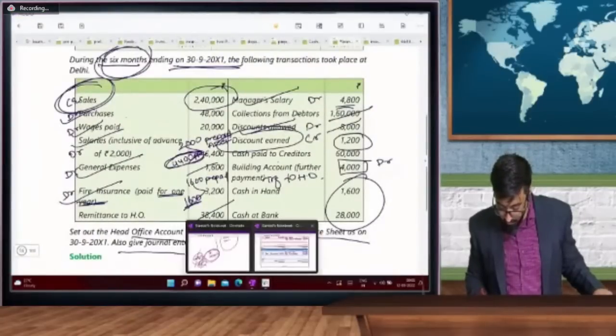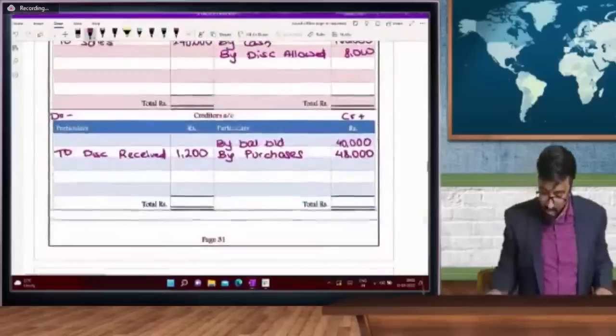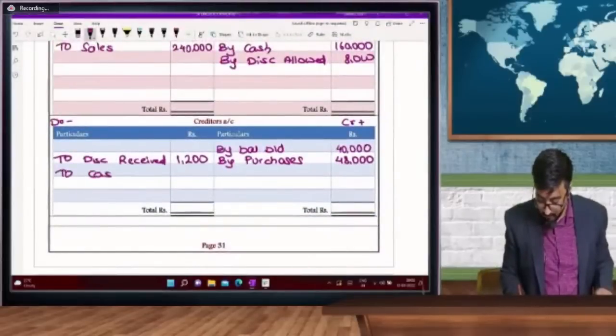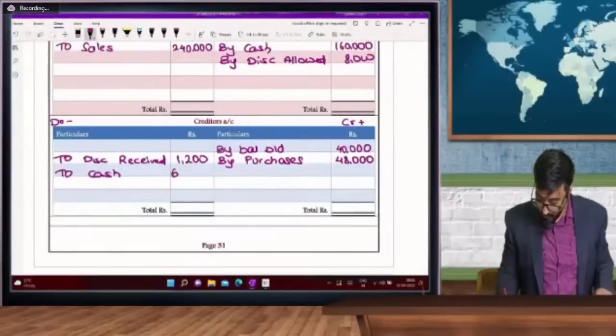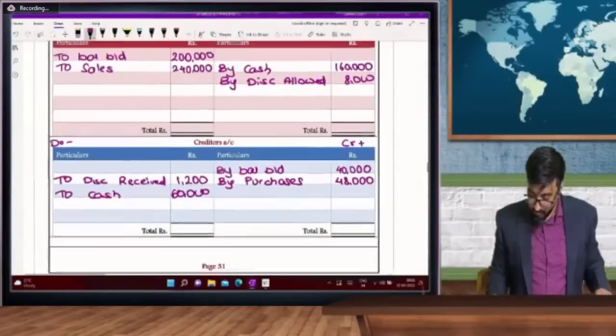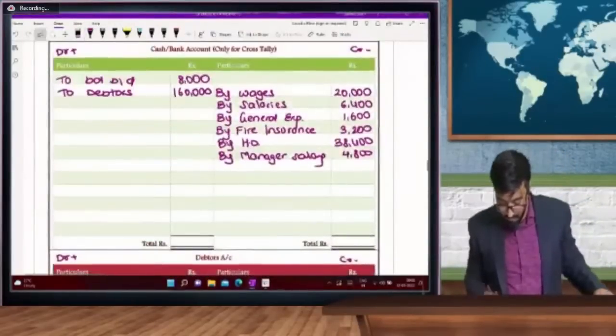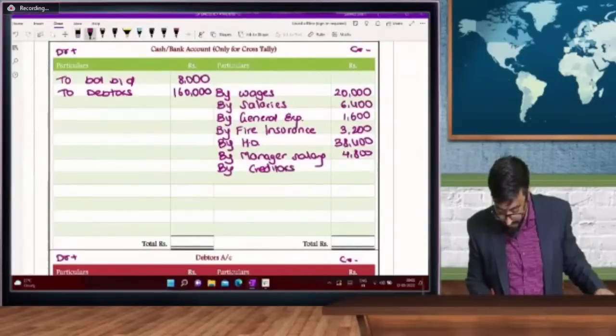Cash paid to creditors. So creditors to cash 60,000. And cash के credit में by creditors 60,000.